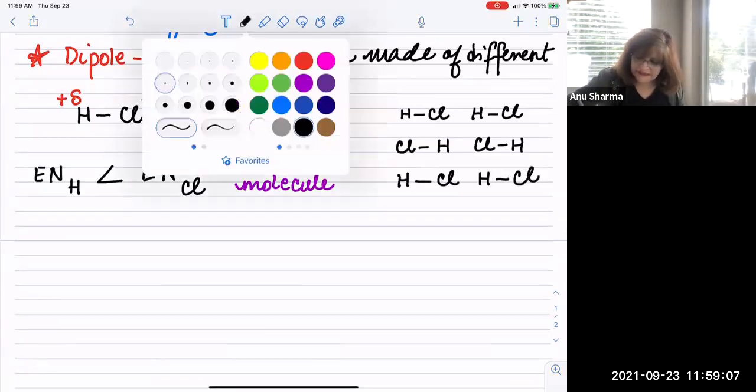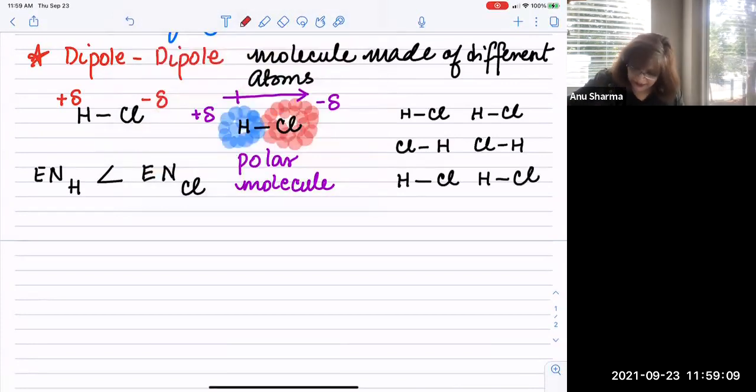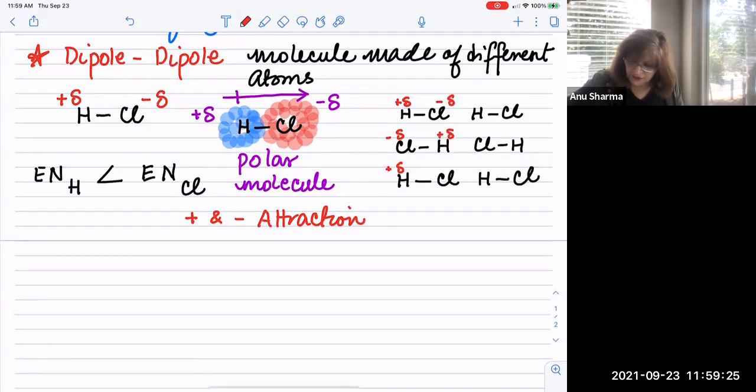So you see these are the attractive forces. Hydrogen has a delta positive, chlorine delta negative, so there's always an attraction between positive and negative. There is attraction in the molecules. So this positive part is close to negative, positive is close to negative, and here positive, negative, positive, negative.